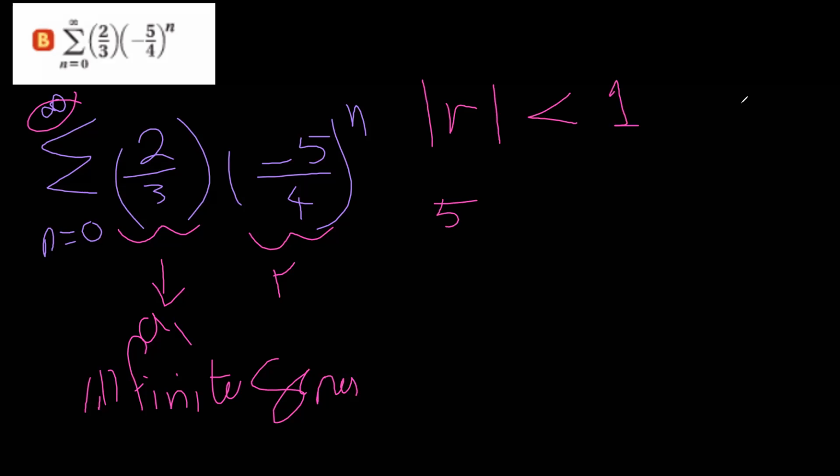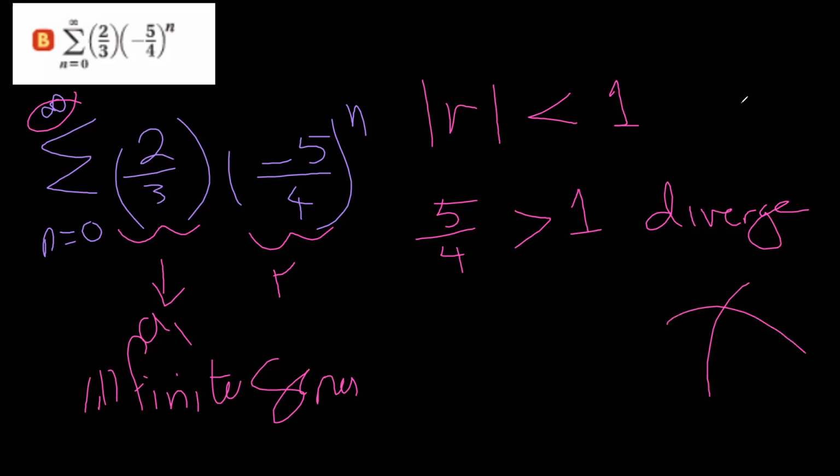Is 5 over 4 greater than or less than 1? It's greater than 1. So what does it mean? It diverges. So can I find the summation now? No. So I will say that there's no summation here.